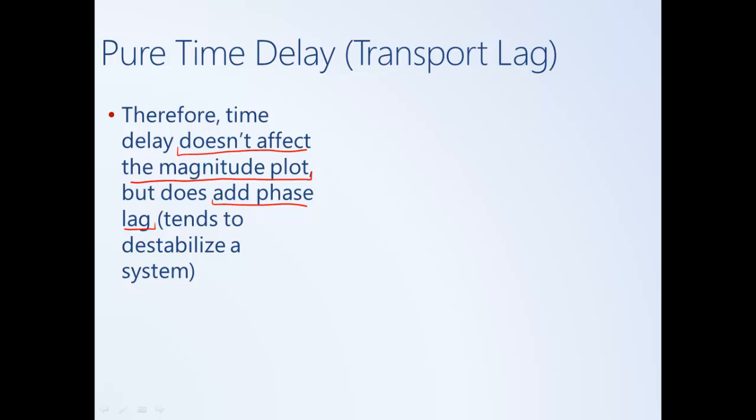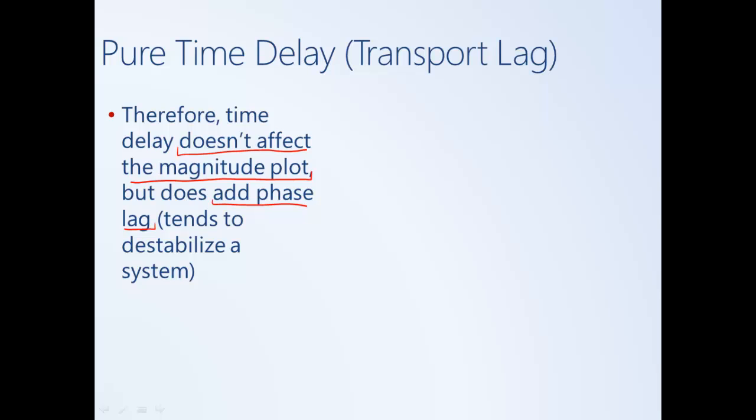It doesn't affect the magnitude plot because a magnitude of 1 doesn't scale anything. The input is the same as the output. And if you converted it to decibels, that means that the magnitude of a pure time delay is always 0 decibels. And since with the product of two components their Bode diagrams add, you're essentially adding 0 dBs everywhere to the magnitude plot.